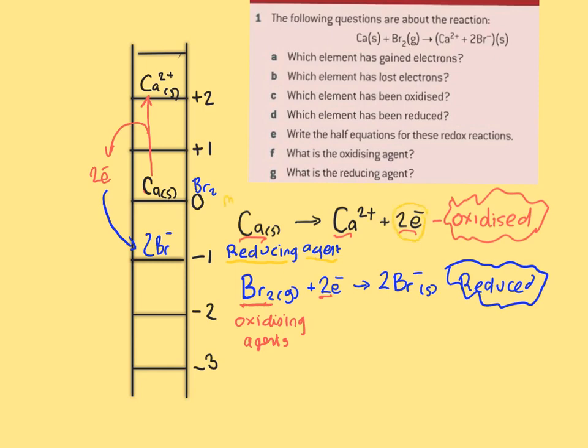So metal atoms tend to be reducing agents to form metal cations. And non-metal molecules tend to be oxidizing agents, forming non-metal anions in the electron transfer.